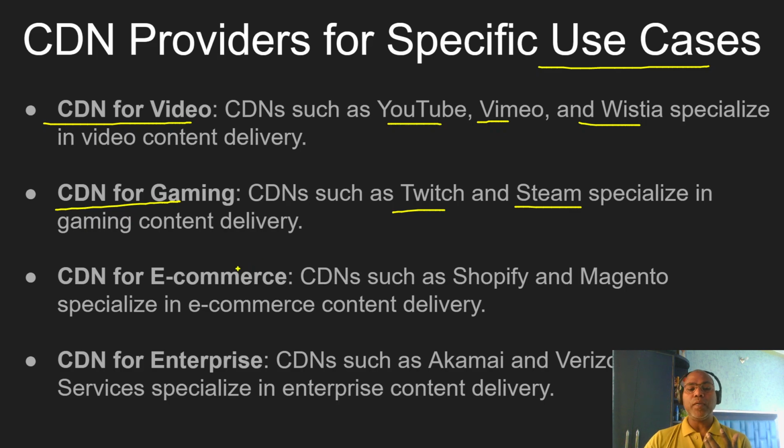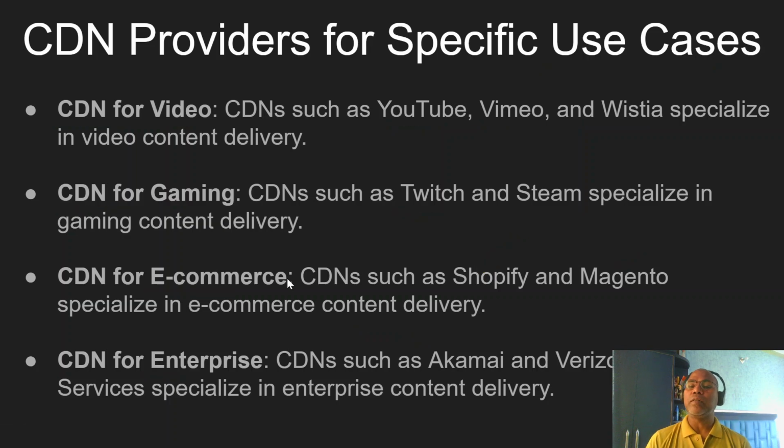Similarly, if you are building an e-commerce application, specific CDNs are available. We can use Shopify or Magento. These are specialized e-commerce content delivery networks for you. Even if you are building an enterprise application, we have specialized CDNs like Akamai and Verizon. These are enterprise-level CDN servers available.